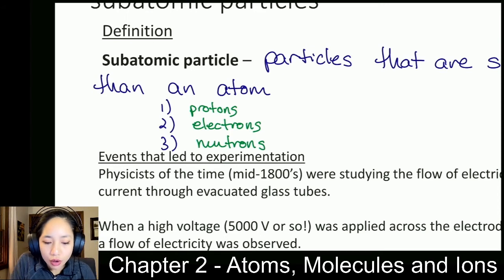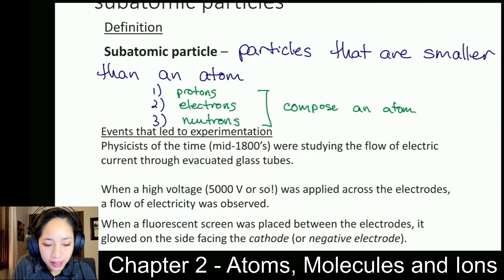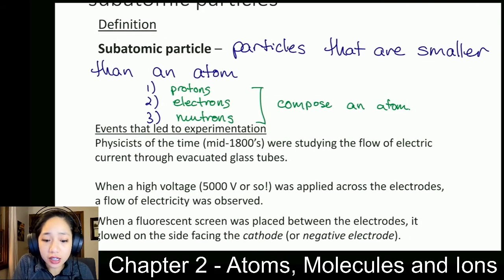Those three subatomic particles compose an atom, or make up an atom.